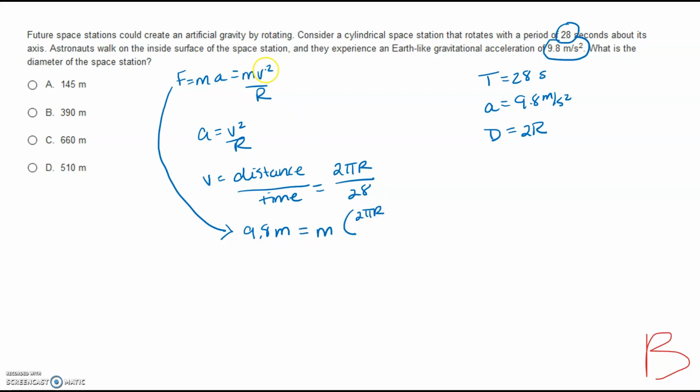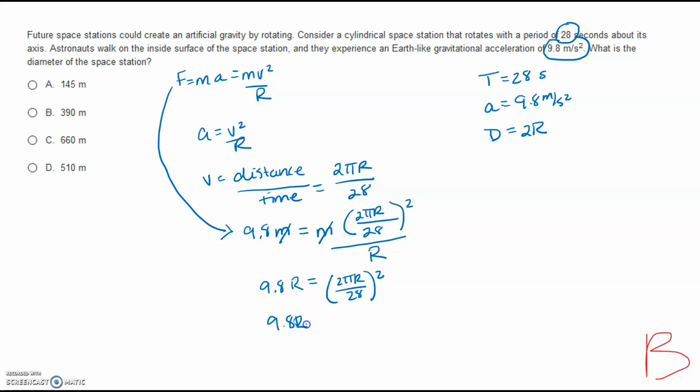Now this is the orbital velocity, radial velocity, etc. 28, that's squared over r. Okay, so my m's are going to cancel. I'm going to multiply both sides by r, so I get 9.8 r is equal to 2 pi r over 28 squared. Okie dokie.